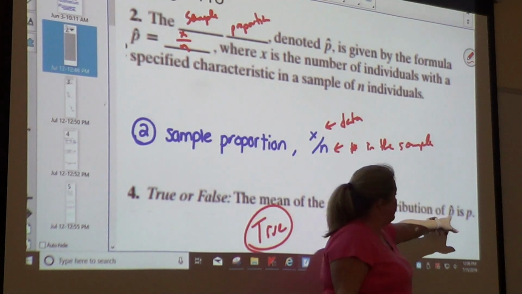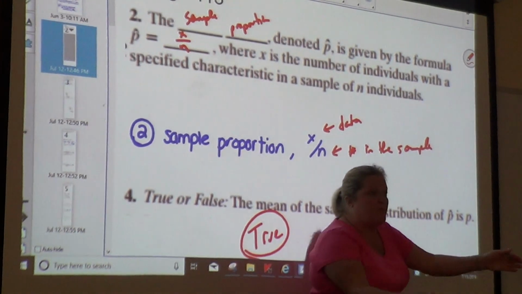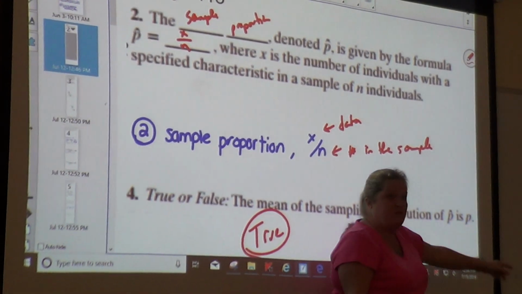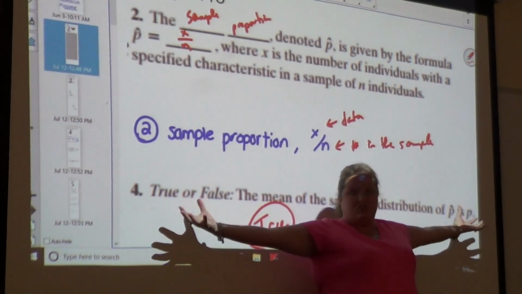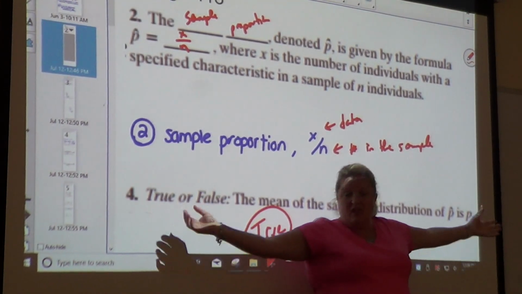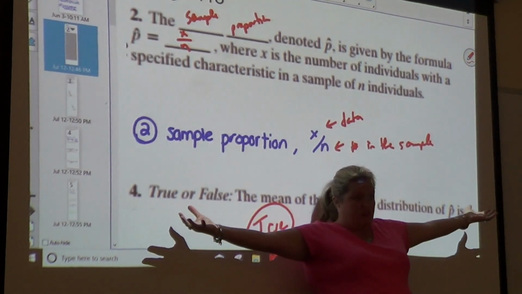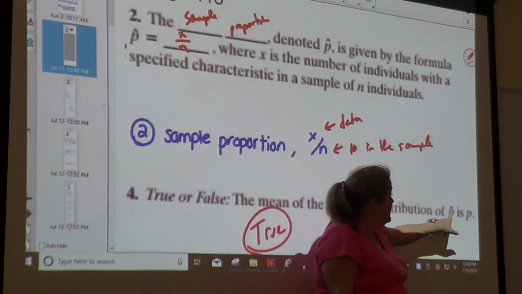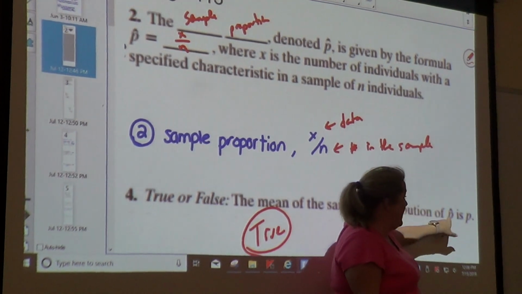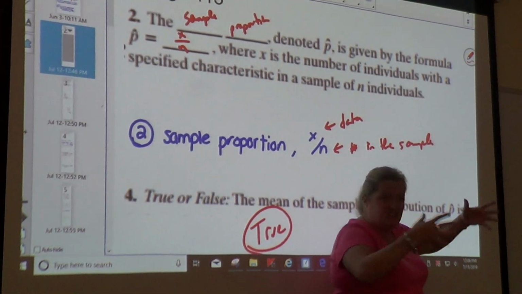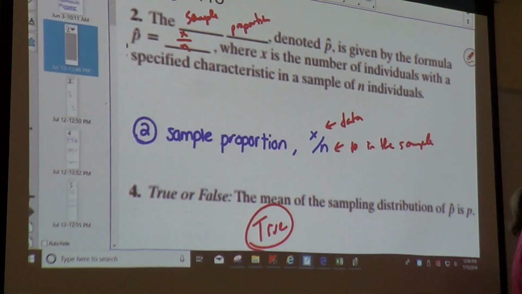So if 75% of the sample has a cell phone, then we're going to assume that 75% of all of Lawrence Darlington Tech has a cell phone. So your average should be the same as the school's average.